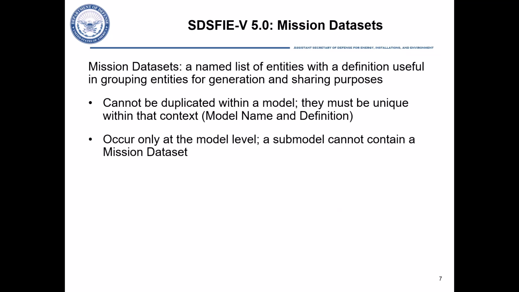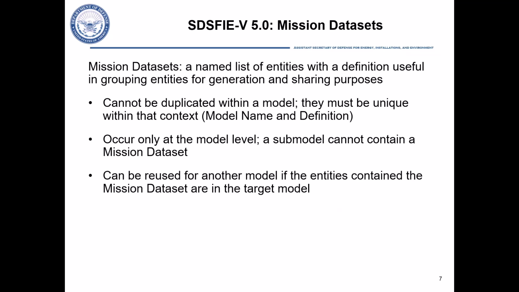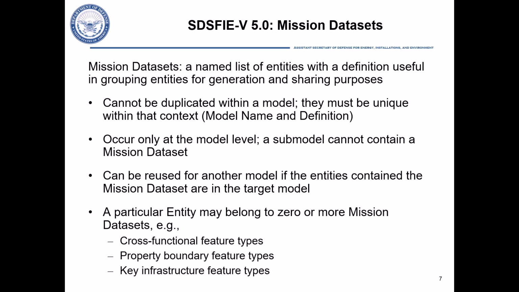Also, mission datasets exist only at the model level. A submodel cannot contain a mission dataset. Mission datasets can be reused for another model if the contained entities all exist in the target model. Finally, it should be noted that any particular entity may belong to 0 or more mission datasets, which would be necessary for cross-functional and other widely used feature types.